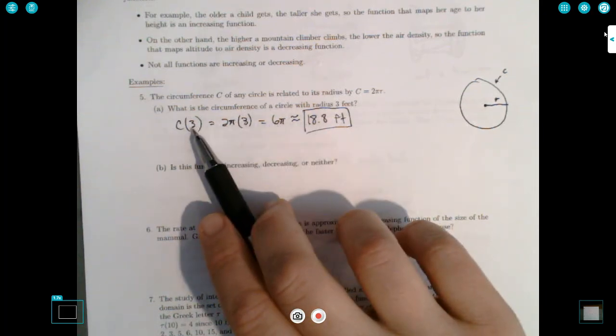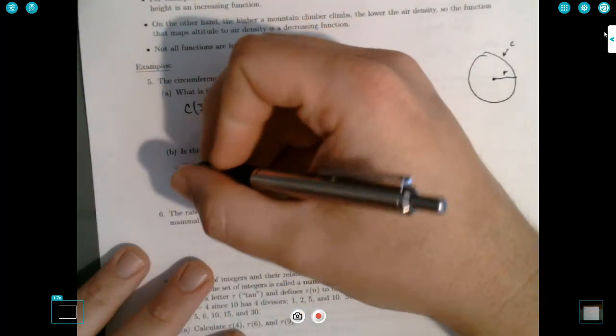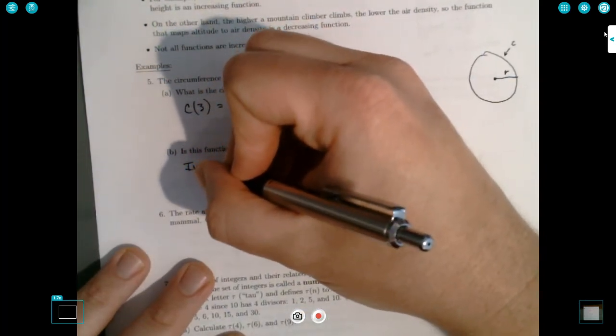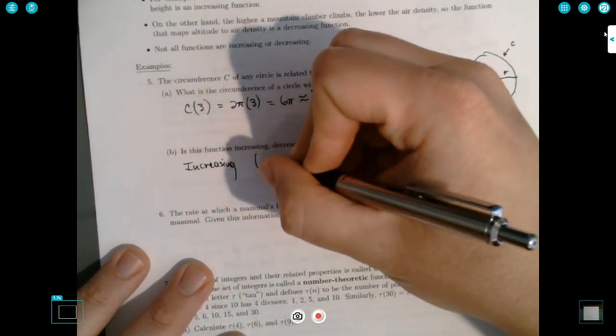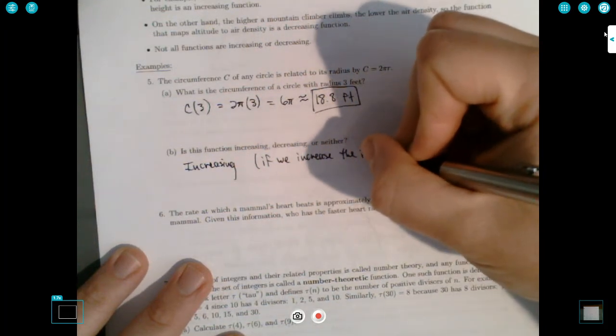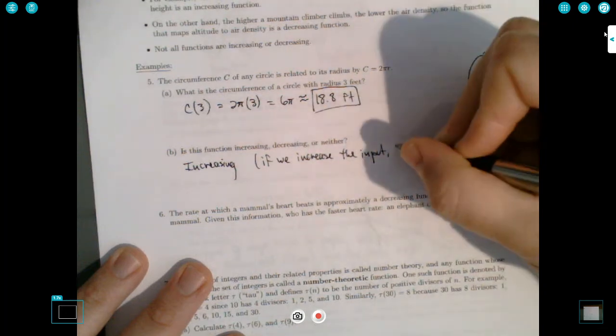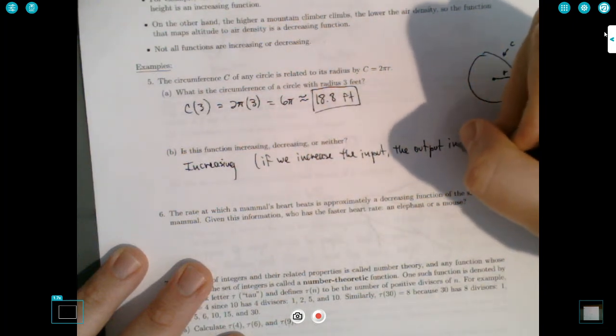So if your input increases, your output also increases. So this is an increasing function.